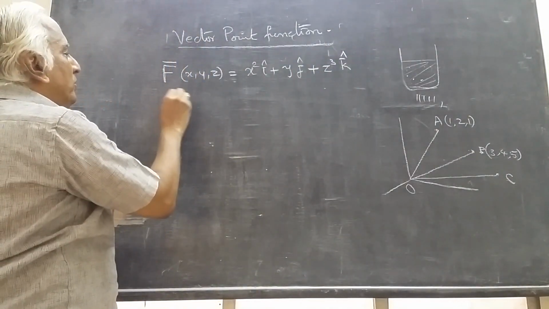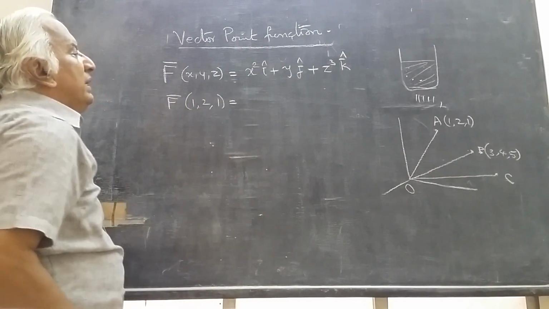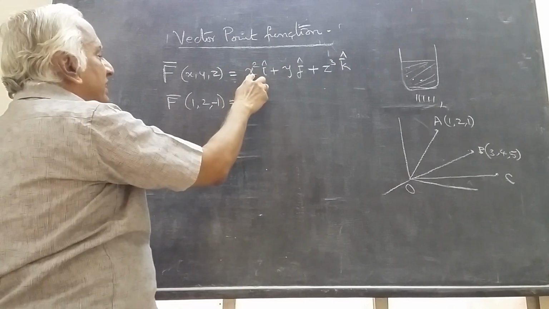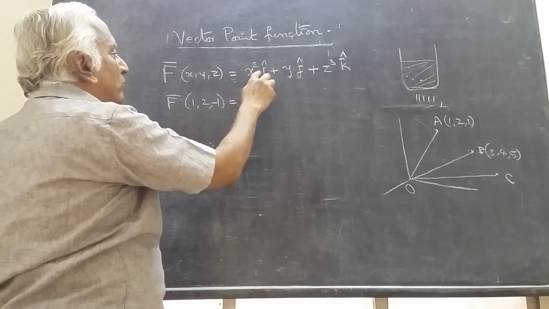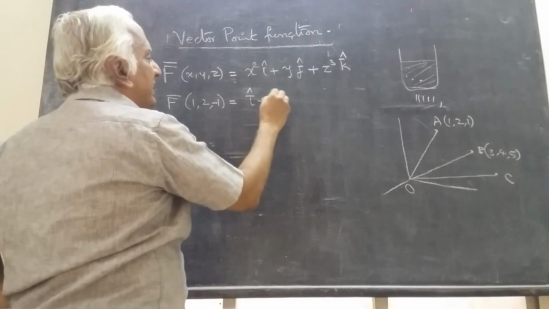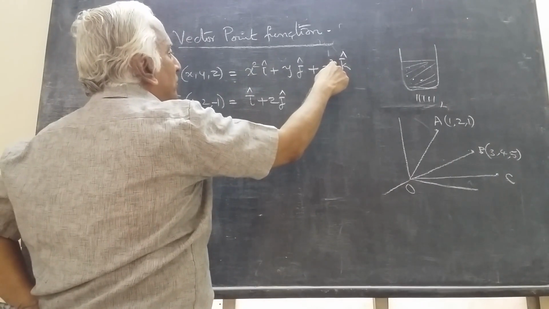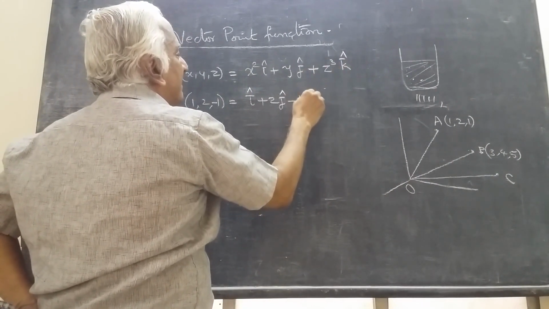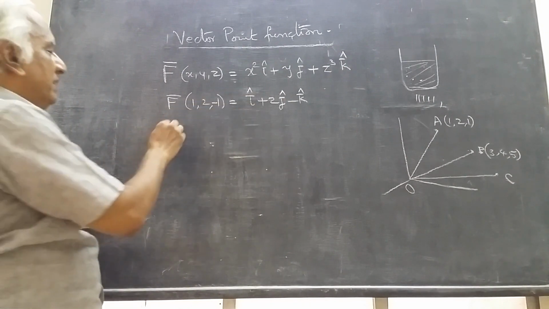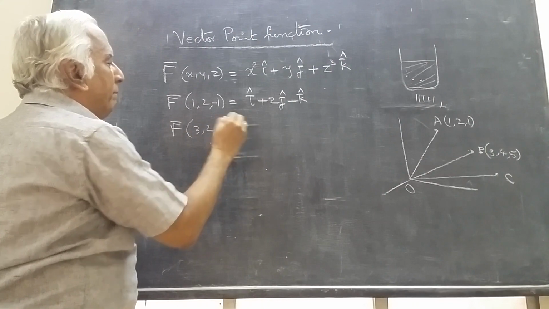Now you substitute a point 1, 2, minus 1 let us take. X square, 1 square is 1, so i. For y, putting 2, 2j. For z, minus 1 whole cube, minus 1, so minus k. So for this function it gives you a vector. You consider another point 3, 2, 1.